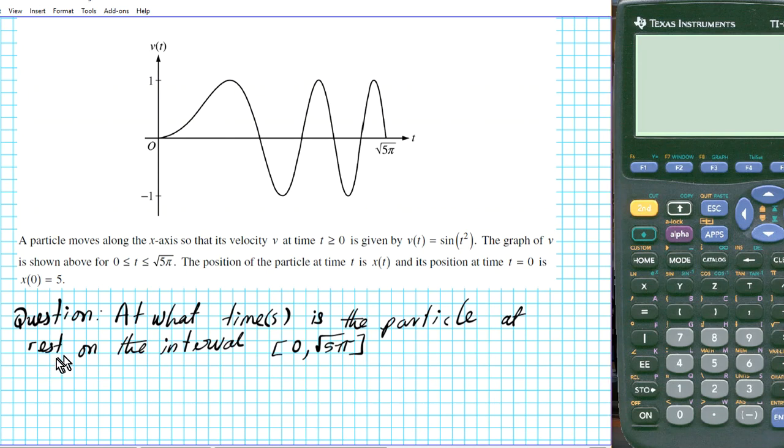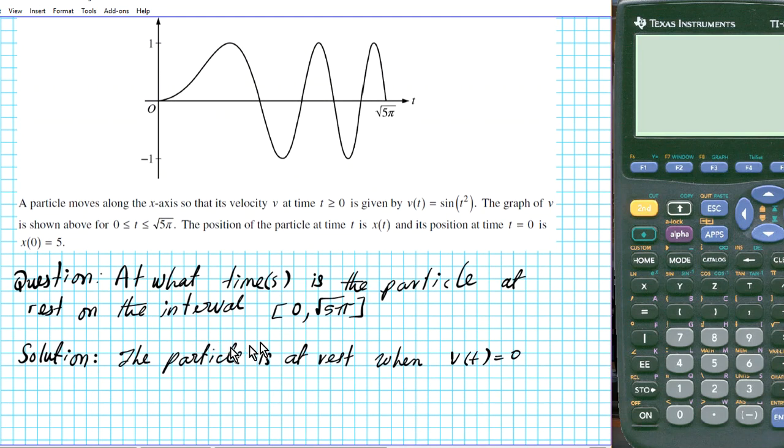Alright, so the solution is as follows. The particle is at rest when what? The particle is at rest when the velocity v of t is equal to 0.